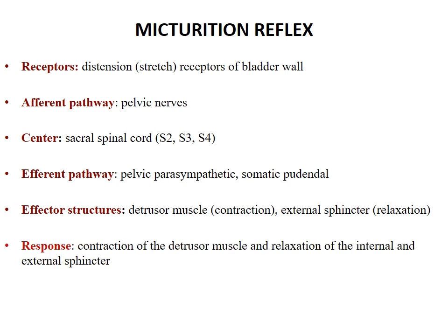Response: contraction of the detrusor muscle and relaxation of the internal and external sphincter. So this will facilitate urination. The higher centers involved in the micturition reflex are the pons and cerebral cortex, because in an adult individual, urination is possible according to our wish and will.